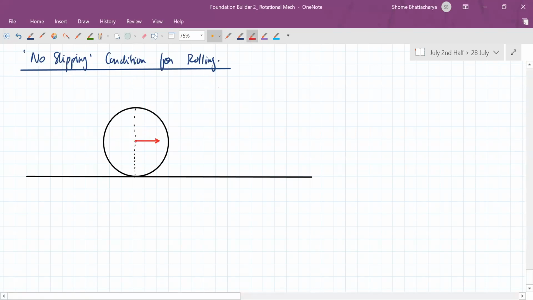This is the center of mass and this is the velocity of the center of mass, while at the same time it's spinning like this about the center of mass. Then the point of contact with the ground, which is this point P over here, the condition for no slipping is that the instantaneous velocity of the point of contact should be 0.